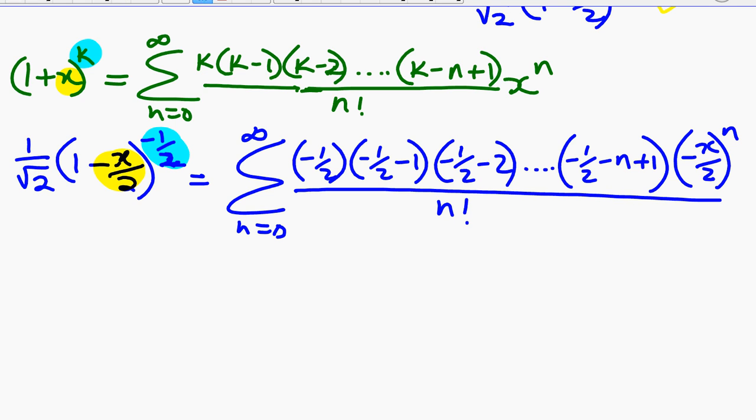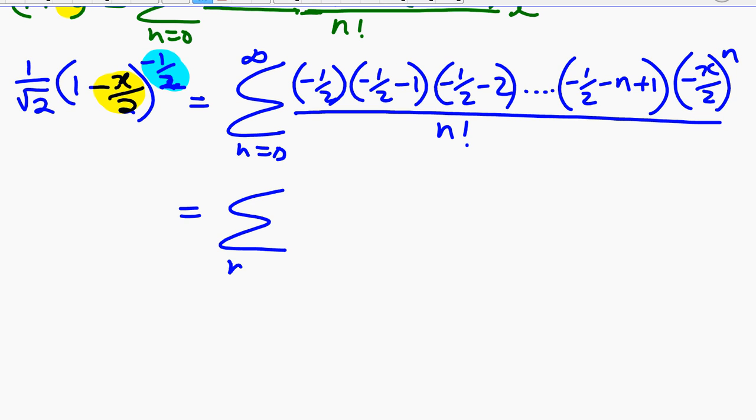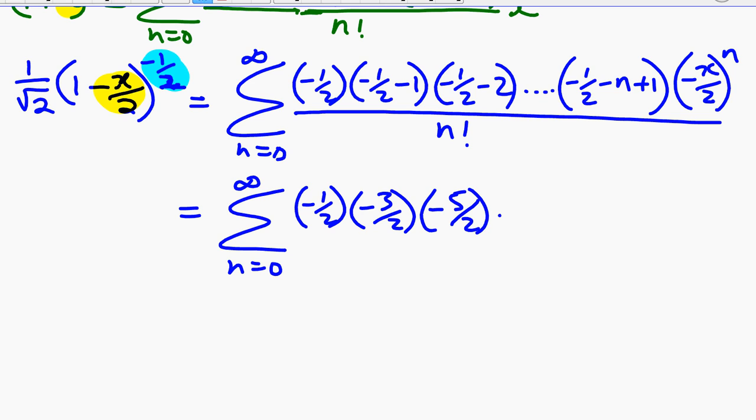And then I have to simplify this. So this will be equal to the sum from n equals 0 to infinity of negative a half multiplied by negative 3 over 2 multiplied by negative 5 over 2 all the way up to negative a half plus 1, that will be a half minus n.